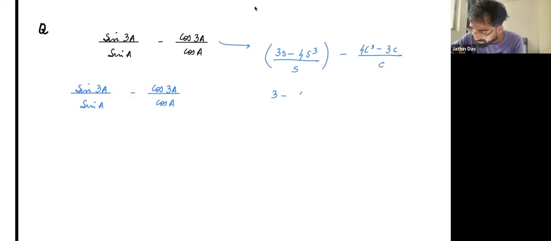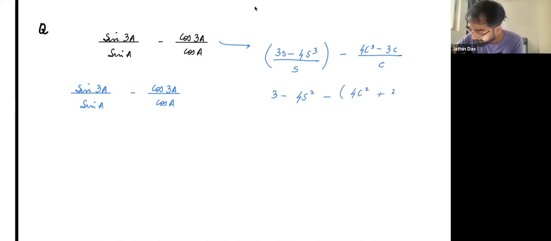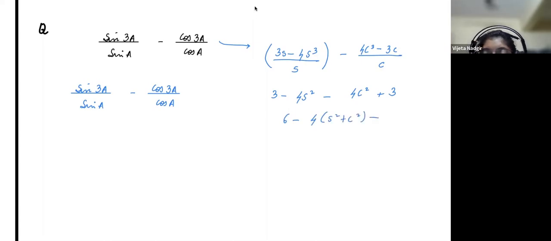So here it will be 3 minus 4 sine square minus 4 cos square plus 3. Okay, after the bracket, you're saying. Okay, plus 3. So 3 plus 3, 6. 6 minus 4, 2, since sine square plus cos square is 1, and this is 2.